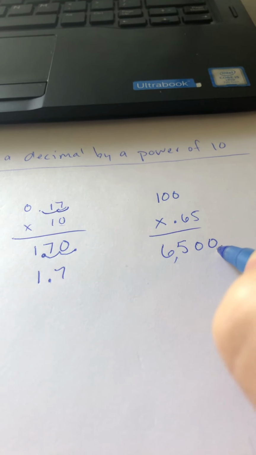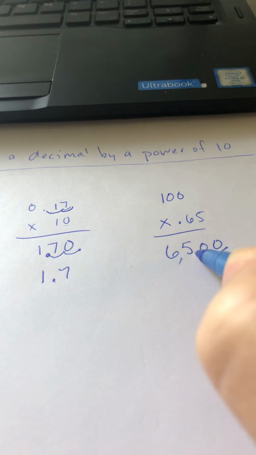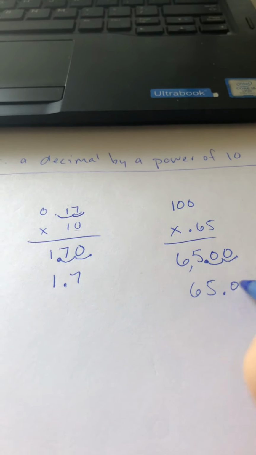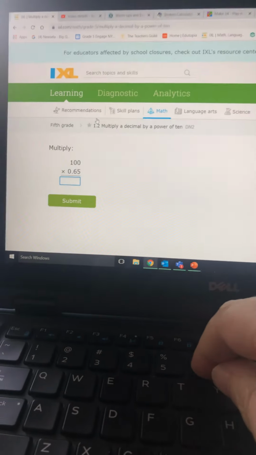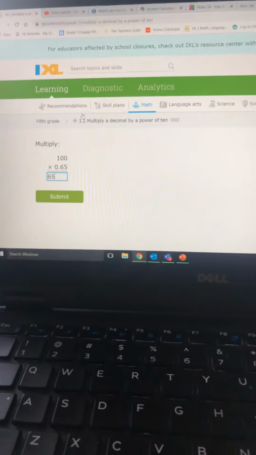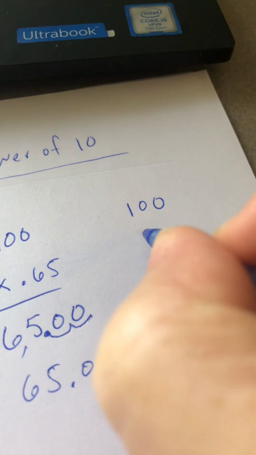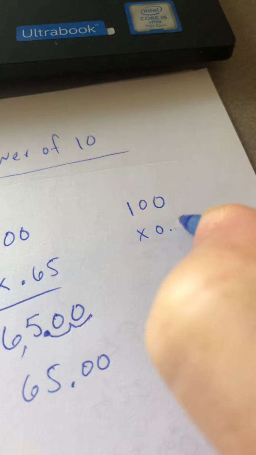So I scoot my decimal over twice, and that gives me the number 65. Or you can just type in 65. Next is 100 times 0.2.